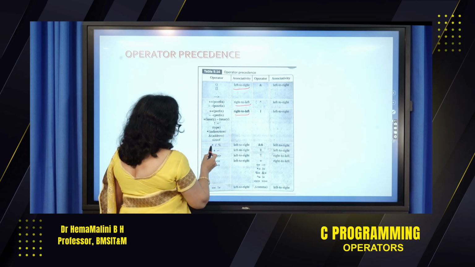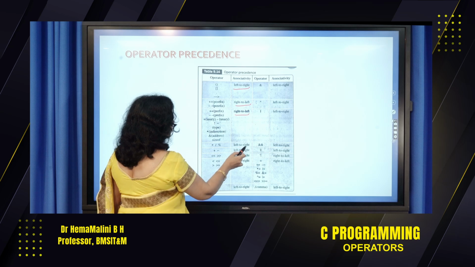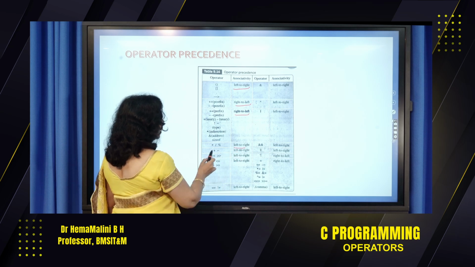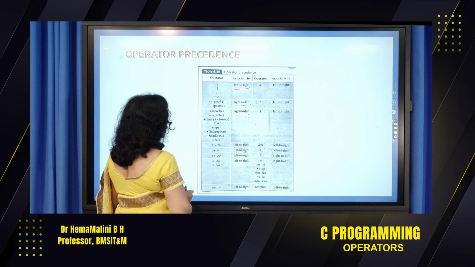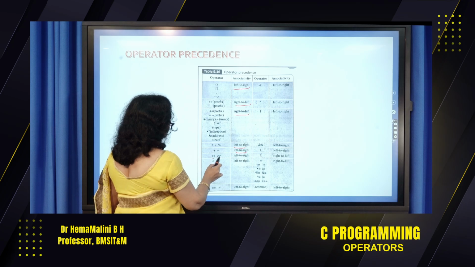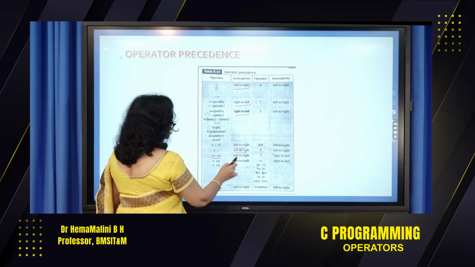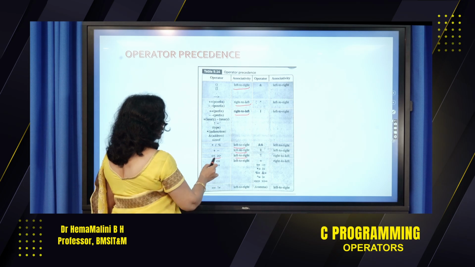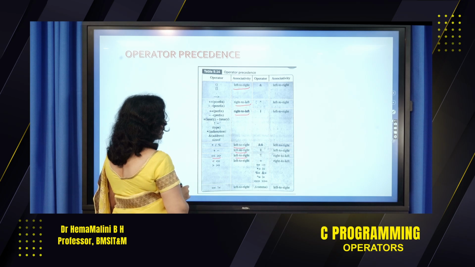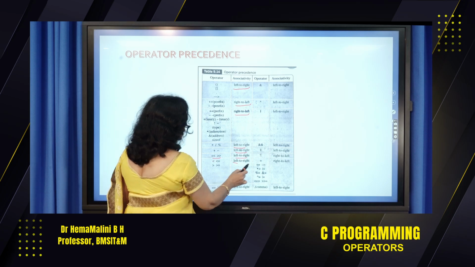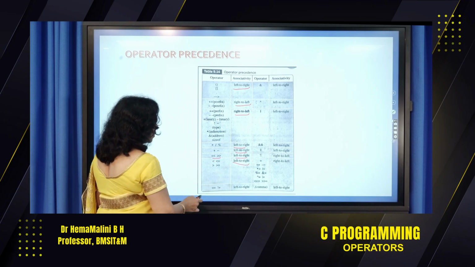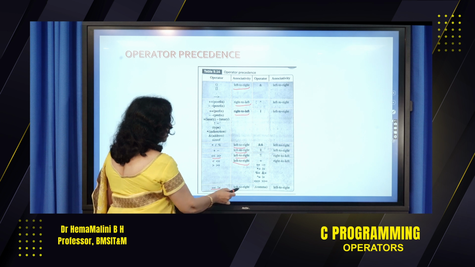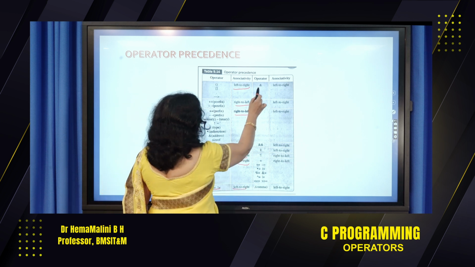Then star, slash, modulo, this is left to right. Plus, minus, again left to right. These are the bitwise operators, that is left shift, right shift. This is left to right. Then less than or equal to, greater than or equal to. These are the relational operators. This is again left to right. Equality operators, left to right.